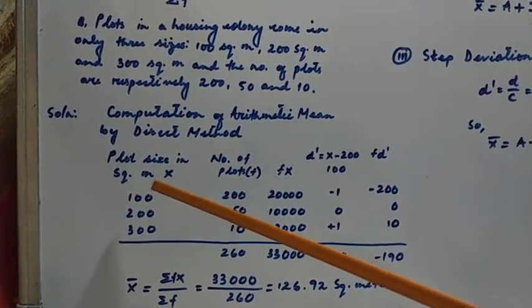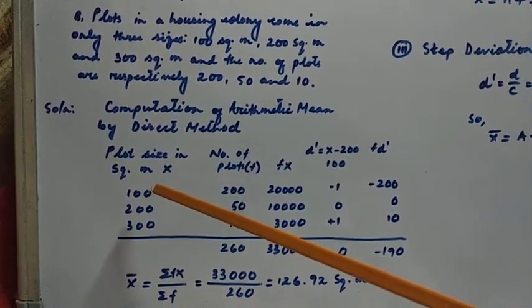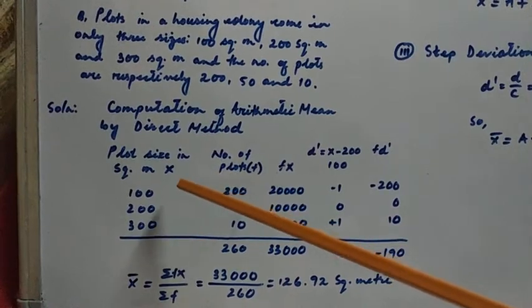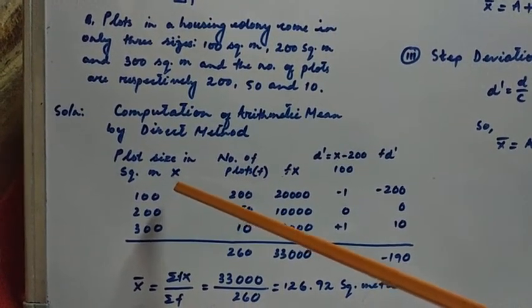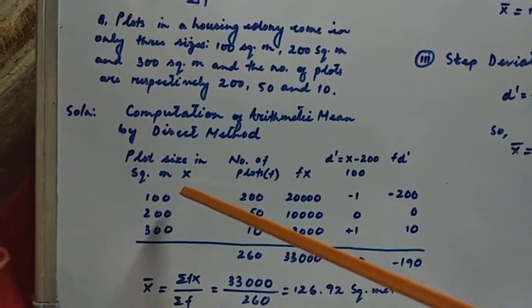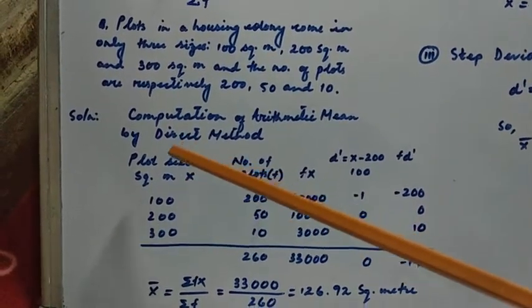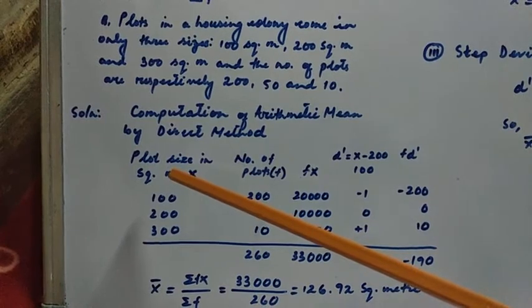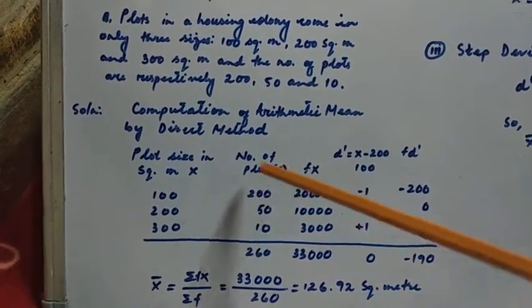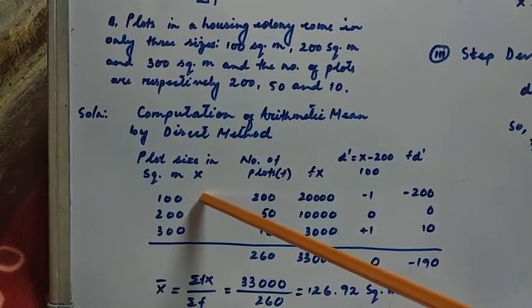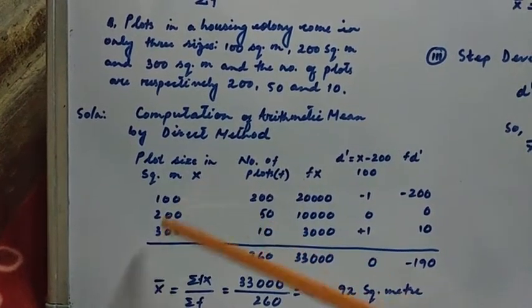In this direct method, as I have mentioned, we have to multiply the frequencies of all the observations by the observations. The frequency against each observation is multiplied by the value of the observation.